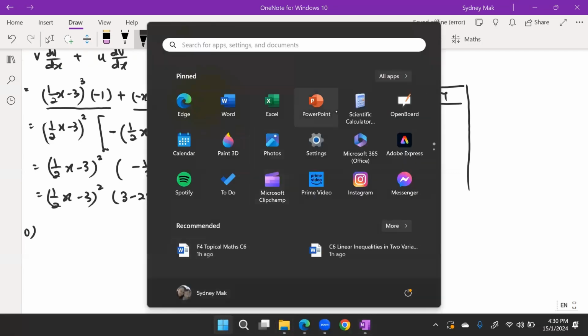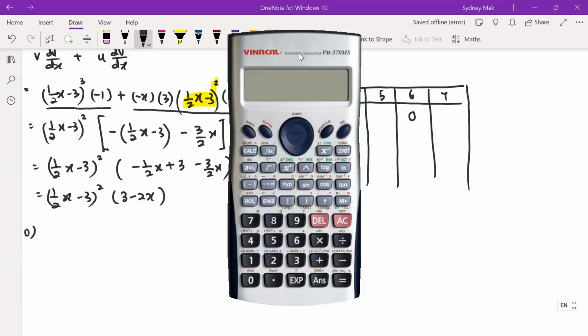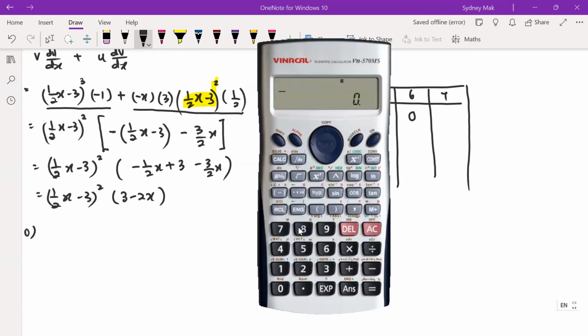For that, we're going to use the calculator. Let's key in this one. We have half, which is 0.5, squared. Let's put the bracket, x over 2, where the x value is 5.